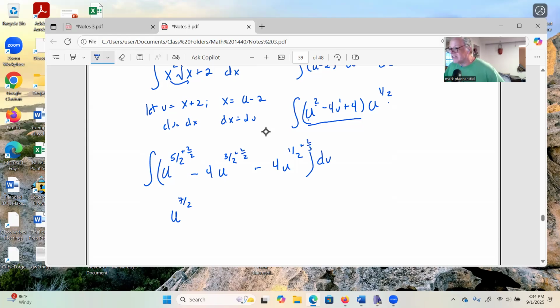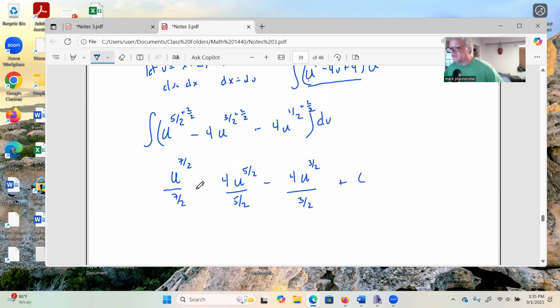When the fractions get more complicated, sometimes it's better to do it this way. And then we divide by 7/2. Minus 4, 3/2 plus 2/2 is u to the 5/2, divide by 5/2. Minus 4, 3/2 plus 1, or 2/2 plus 1 is going to be u to the 3/2, and again, we divide by 3/2.